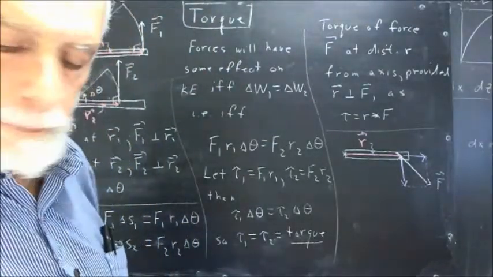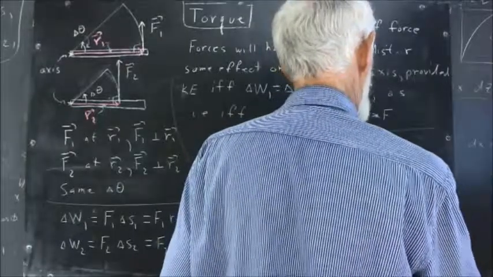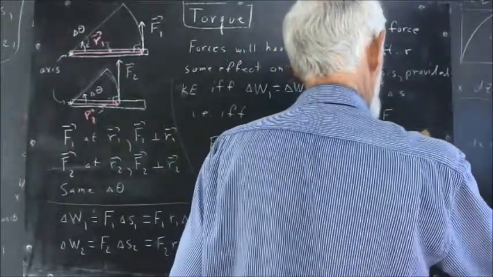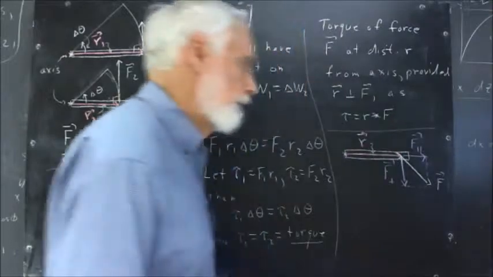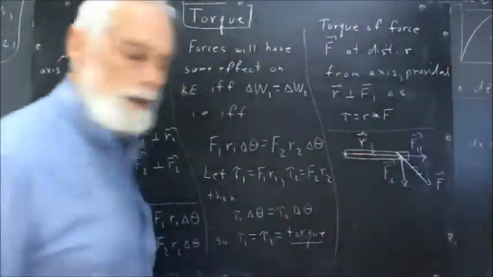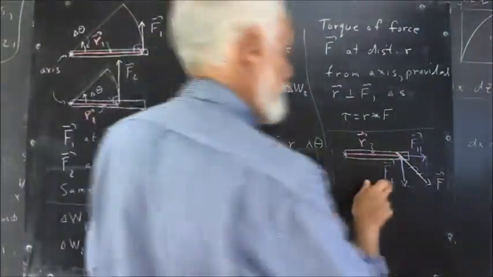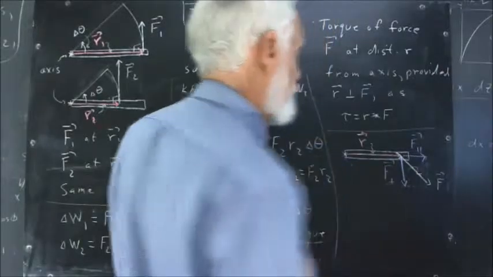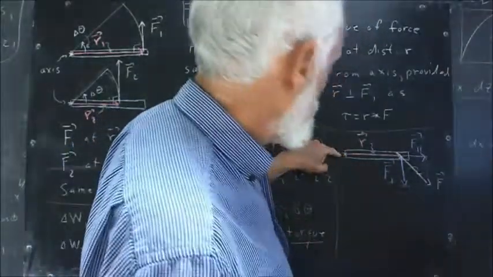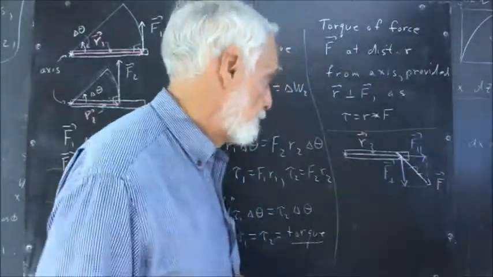So we have now F perpendicular and F parallel, and we replace the vector F with those components. It should be clear that F parallel does no work on the system because the system can't move in the direction of F parallel.